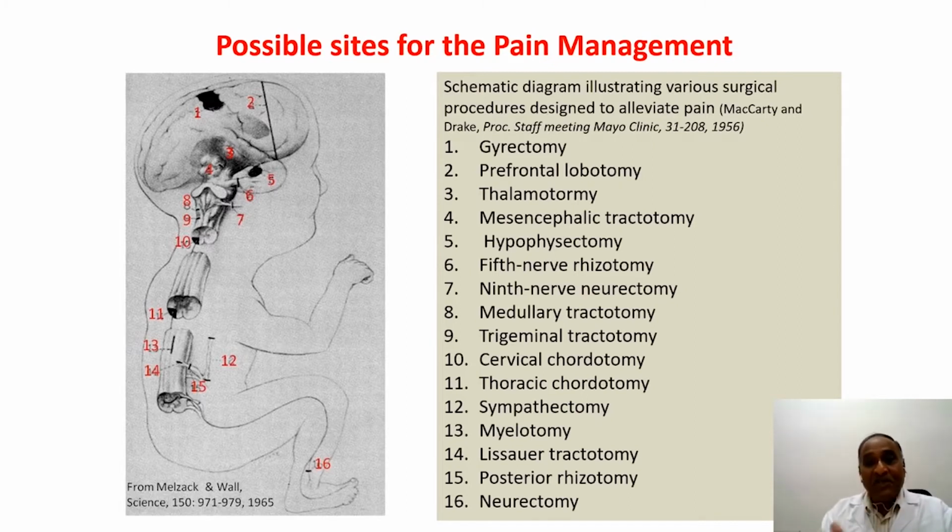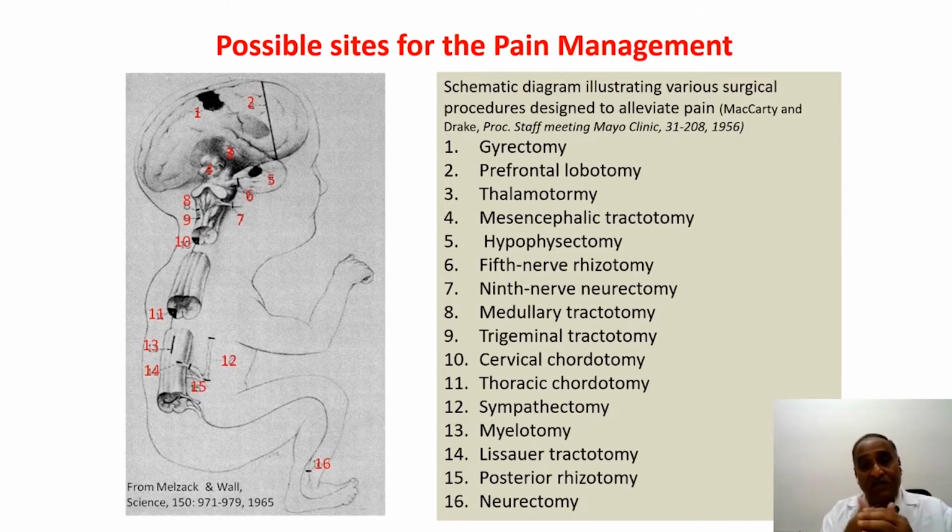Fifth nerve rhizotomy, that means cutting the fifth nerve root, in case of trigeminal neuralgia, where it enters the nucleus. Similarly, ninth nerve neurectomy. The medullary tractotomy, I have already mentioned, the lateral spinothalamic tract in the medulla is severed.